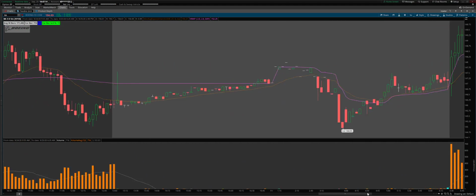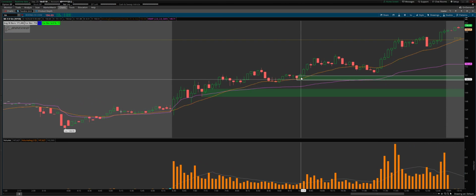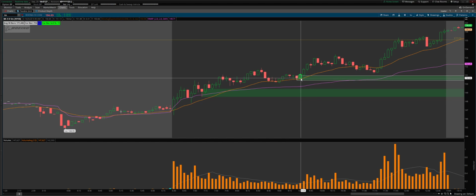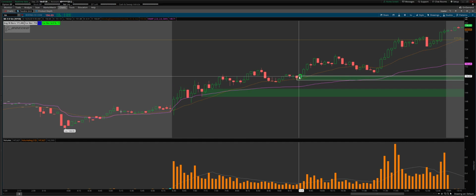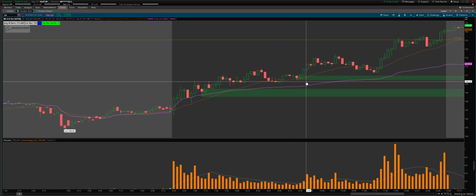Because usually what will happen sometimes, if you get a little too aggressive, just say this was like a 5-minute candle, right? But this is only 3 minutes worth of time before the 5 minute even closes. So the 3 minute candle can be up here, but for the next 2 minutes, price can drop. So you just got faked out thinking this is a red basing, and then it just drops. So that's why you gotta wait for confirmation too.